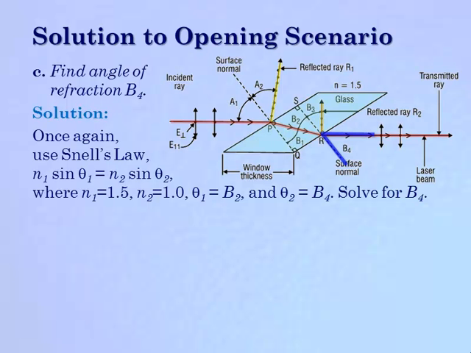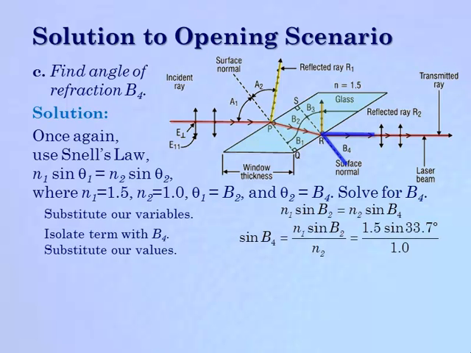So here's Snell's law with our variables plugged in. We need to isolate the term with B4. Since it's multiplied by N2, we'll divide both sides by N2, which leaves sine of B4 on the left side and N1 sine of B2 divided by N2 on the right side. Substituting in our values for N1 and N2 and our angle for B2, we determine that sine of B4 equals 0.8323. Taking the inverse sine of both sides, B4 equals the inverse sine of 0.8323.